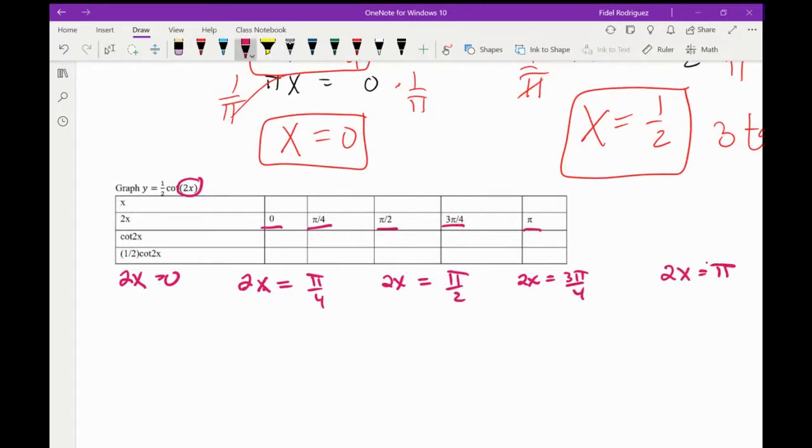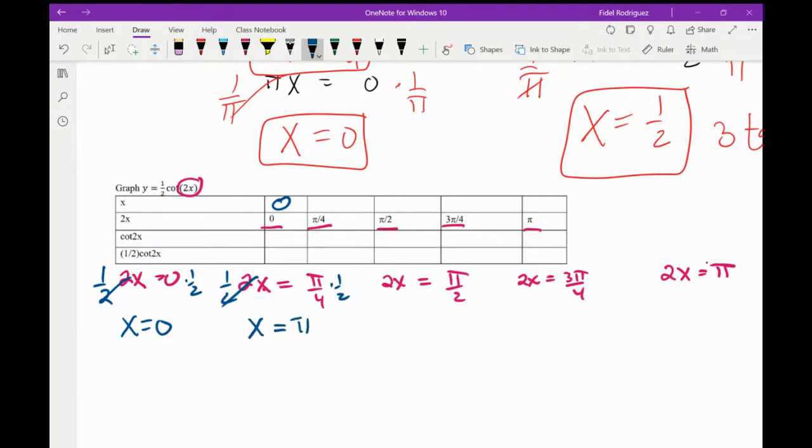Okay. All right. Let's go ahead and multiply by the reciprocal 1/2 on both sides. So here we're going to get x equals 0. So I'm just going to put a 0 right there. Okay. We'll do the same thing here, 1/2 and 1/2.